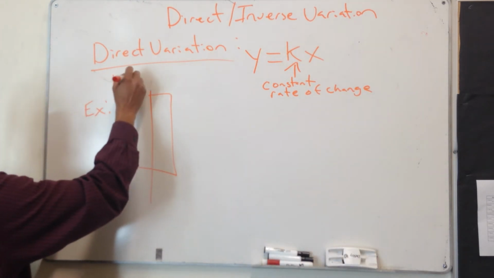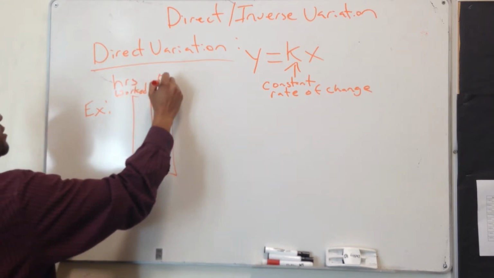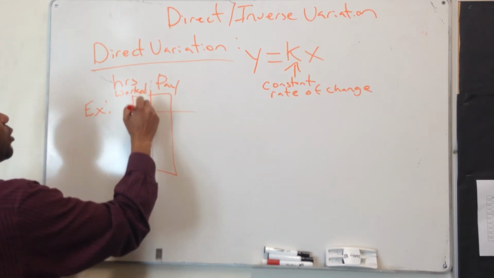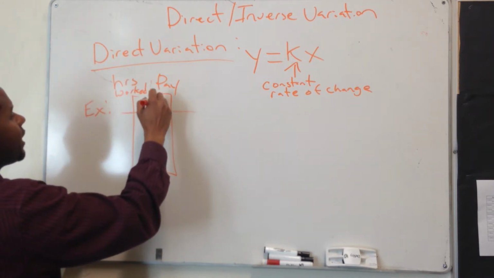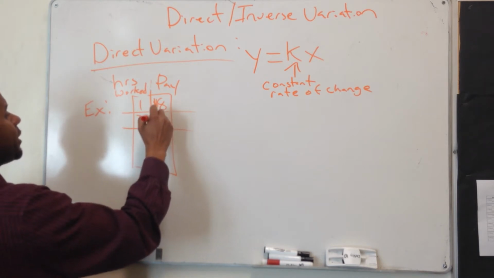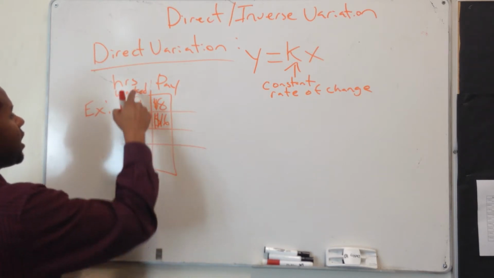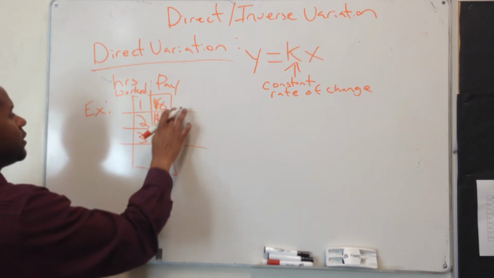So do hours worked compared to pay. I work 1 hour, I get paid $8. I work 2 hours, I get paid $16. I work 3 hours, I get paid $24.